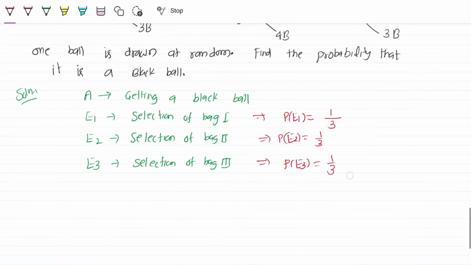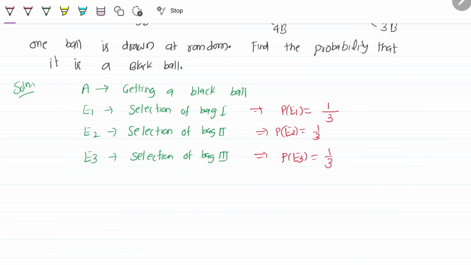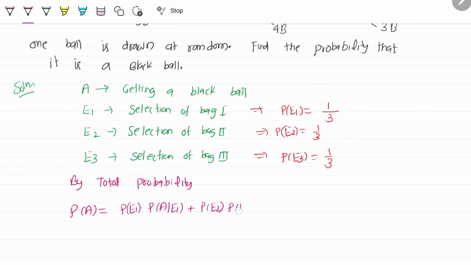Now what you want? You want probability of getting a black ball. So by total probability, PA means first E1, after that red ball PA by E1, or PE2 then PA by E2, or E3 then PA by E3.